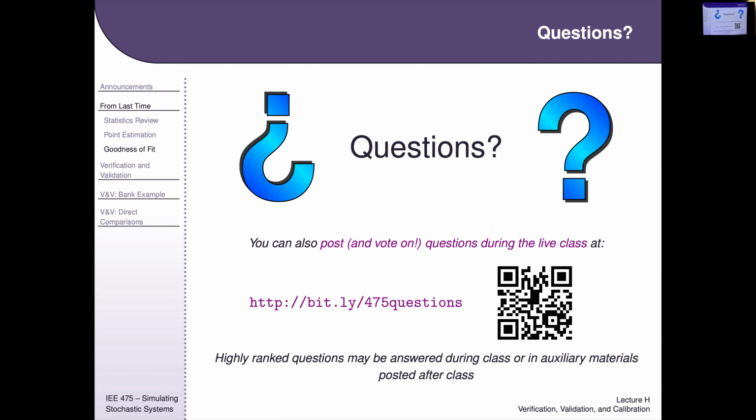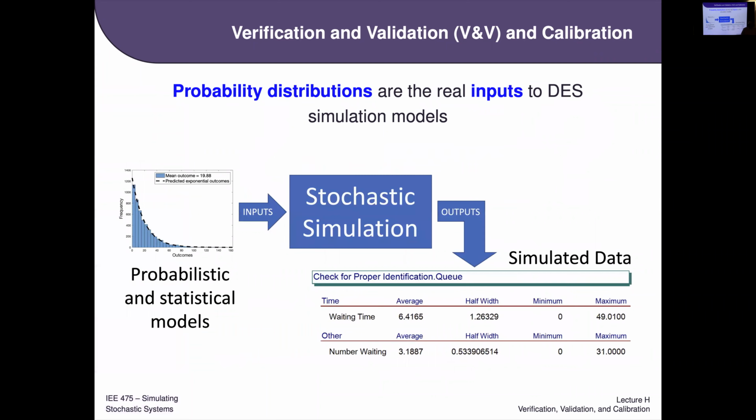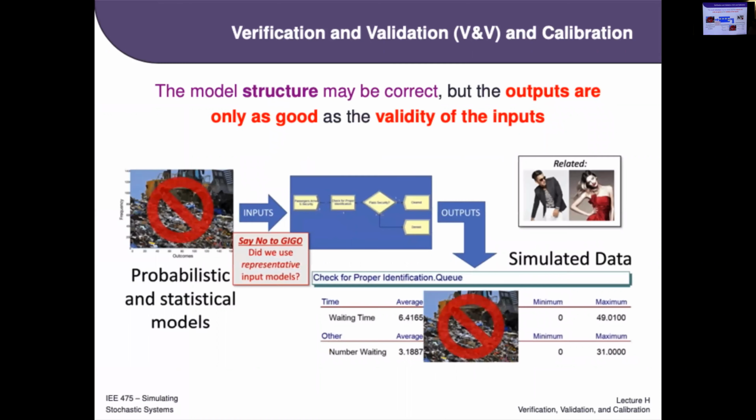Good, okay. The rest of what we have today is just opening up our section on validation and verification and calibration. So we're getting back to the simulation stuff. We know you've got input models that you're going to work with. You put them into your simulation, you get variation on the output. We know that if you choose bad input models, you're going to get variation on the output, but it'll be bad output.